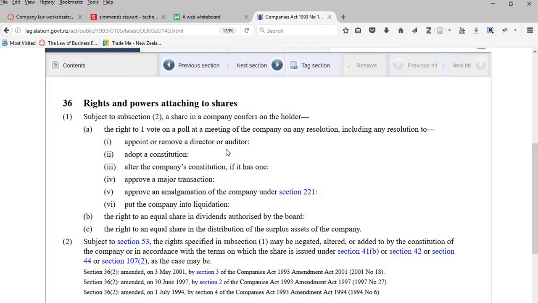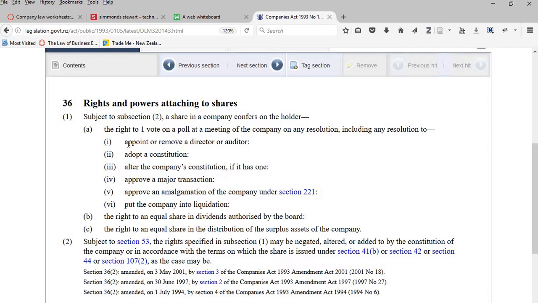So these resolutions are typically ordinary resolutions. Some of these ones are special resolutions, of course, but most votes in shareholders' meetings will be ordinary, meaning 50% unless the Companies Act or the Constitution says it's a special resolution of 75 or more. Why is that so important?